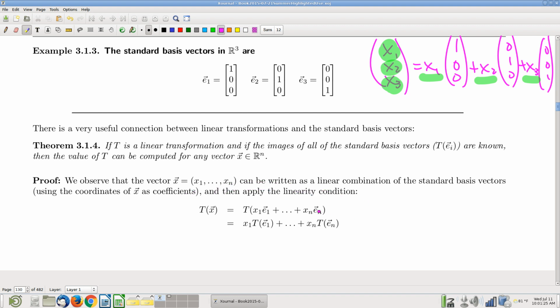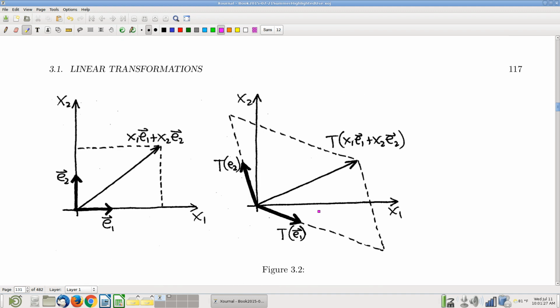Okay. All right. Here's a picture of what we just talked about. Here are our standard basis vectors, right? Suppose I know the images of the standard basis vectors. Well, then whatever vector you give me, I claim I can compute its image.